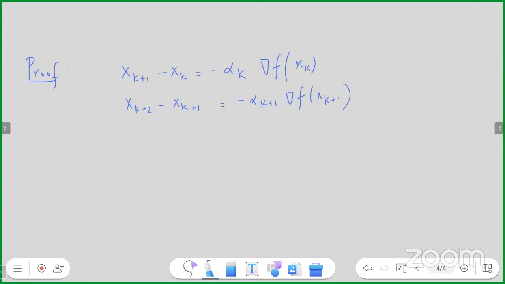Now what am I trying to do to find alpha k? What is alpha k? It is the arg min of what? This function. What is my function?